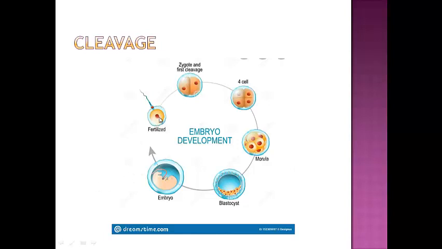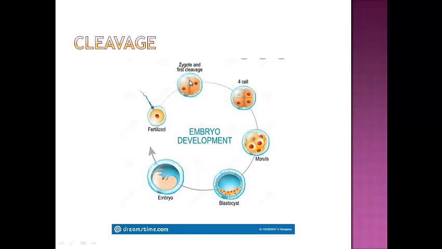What's going to happen is that this single cell is going to undergo a series of mitotic divisions in order to increase the number of cells that I have. Once it's been fertilized, it's going to undergo something called cleavage.